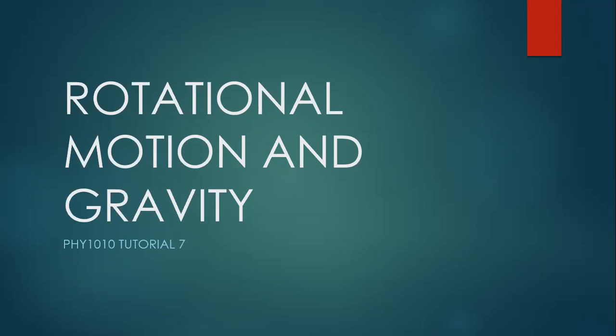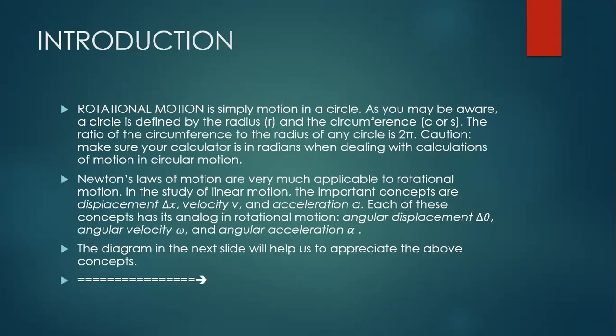So let's look at some of the parameters that we are going to be dealing with. I'm sure you are familiar with linear motion, where an object is making movements along straight paths.